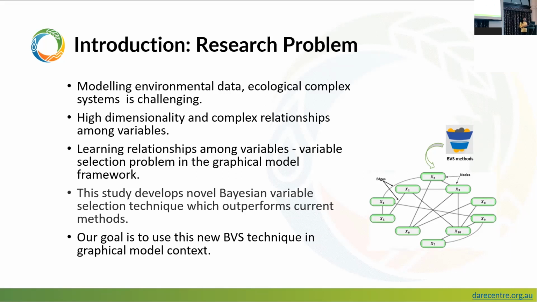So my study is going to develop a new variable selection technique that outperforms current methods such as spike and slab and horseshoe, and use it in graphical models to model complex environmental systems.